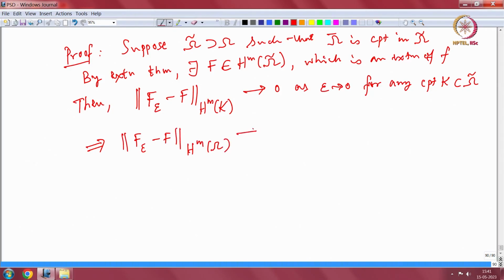So this tends to 0 as epsilon tends to 0. But this f is an extension of our given f, so this is f epsilon minus f.